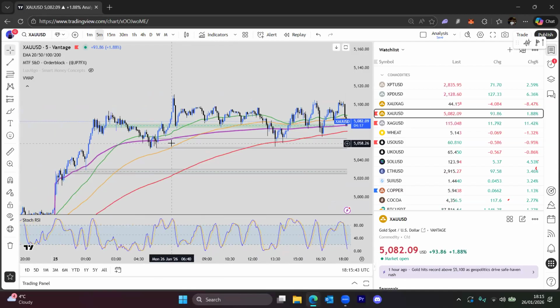Now, an order block simply doesn't mean that there are orders in that area. It's just marking out areas where there could be institutional orders. Why could there be institutional orders? How is this indicator ascertaining that? Let's think about this logically again.